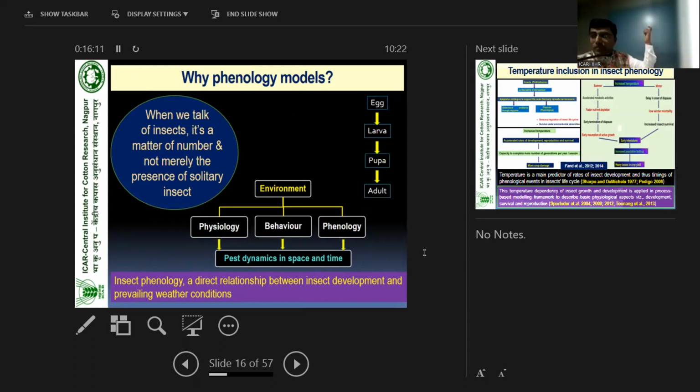It's not a single individual that annoys you, you know? And if a population is there, then the population is heterogeneous at every point of time. Heterogeneous in the sense that egg, larva, pupa, and adult, four distinct developmental stages, are there. And except certain insects having only a single life cycle, unigeneration, like mango stem borer or white grubs and all.